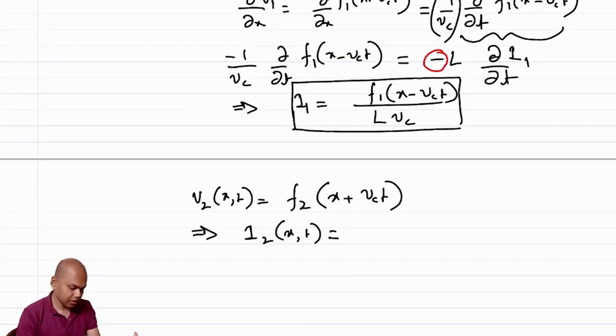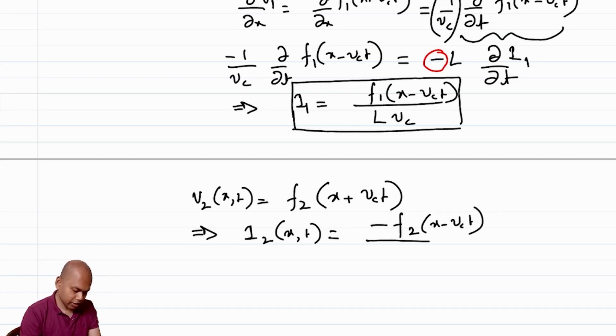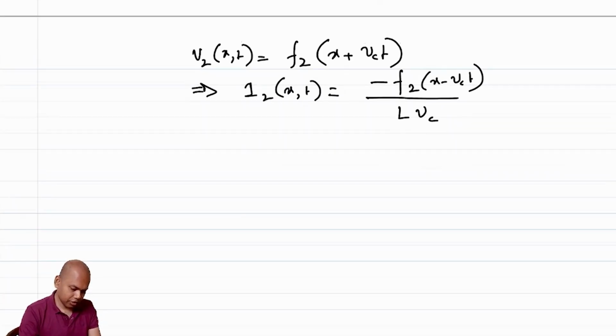So which essentially means that your I2 becomes negative of f2 of x plus v_c t by L times v_c, right?